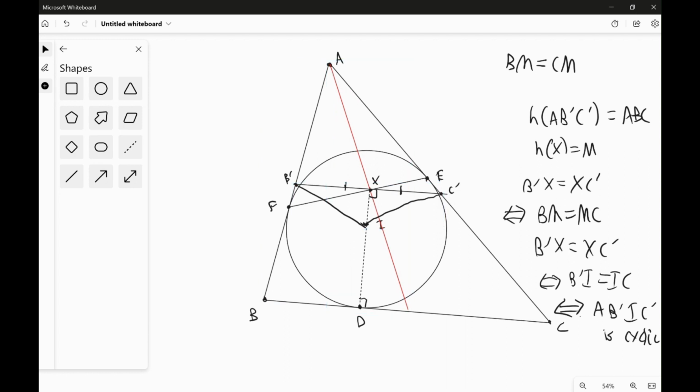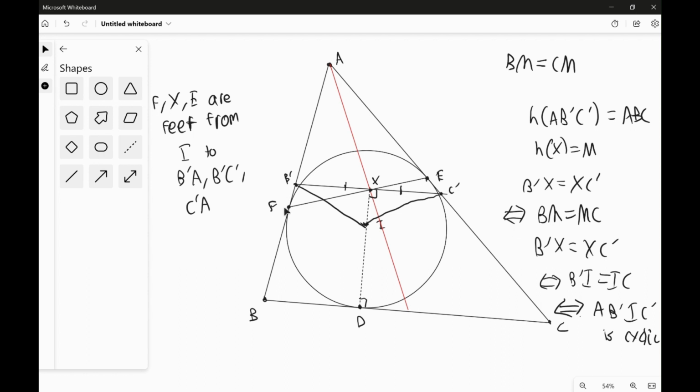So let me go ahead and write this down. F, X, E are feet of the perpendiculars from I to B'A, B'C', and C'A.